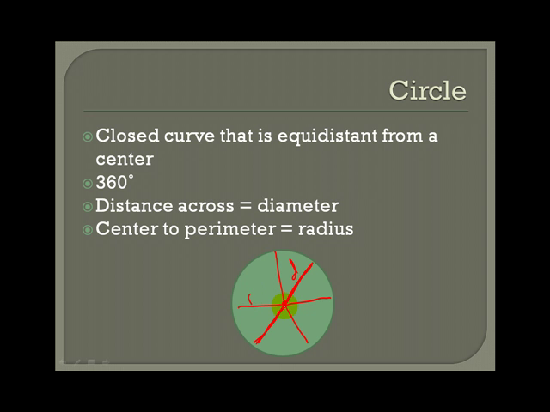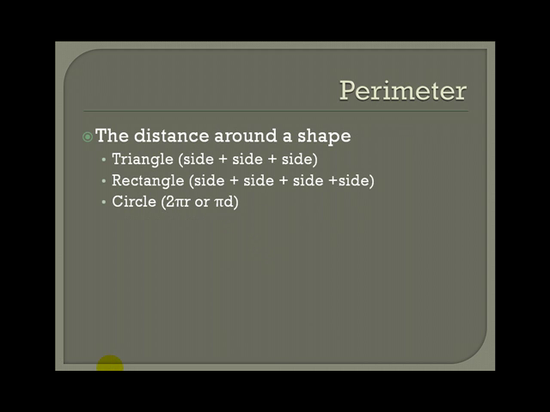The distance from the center point to the outside is the radius. Diameter goes across, radius goes halfway through. Got it? Good. And this would be a tangent line, and this would be an intersecting line, but don't worry about that. Just diameter, radius.